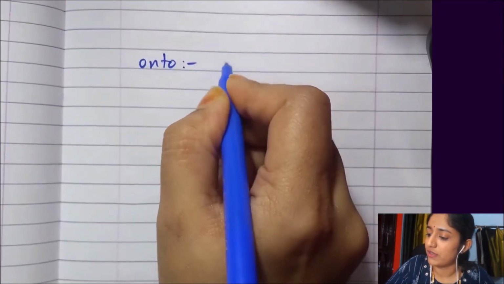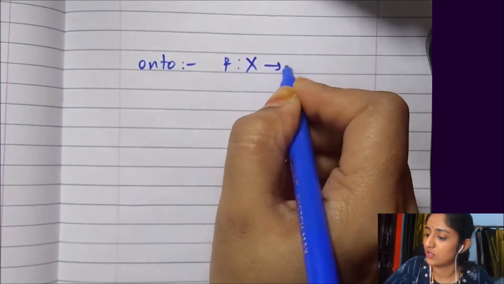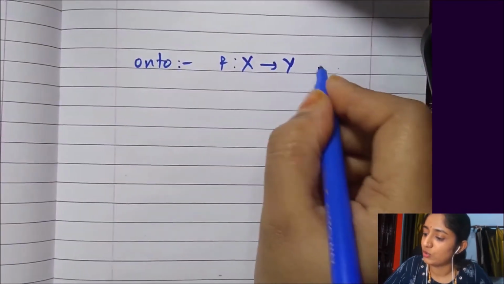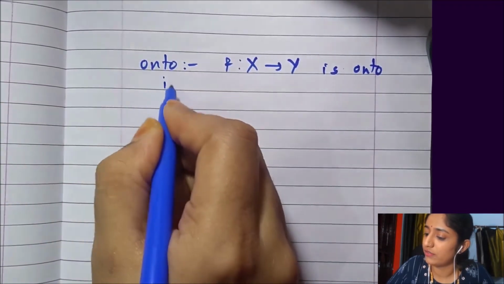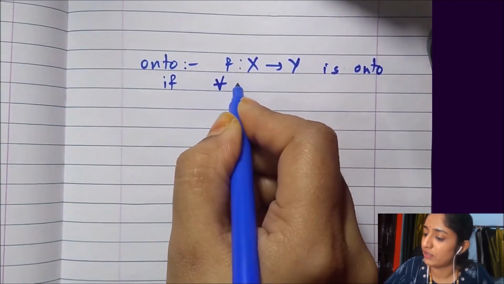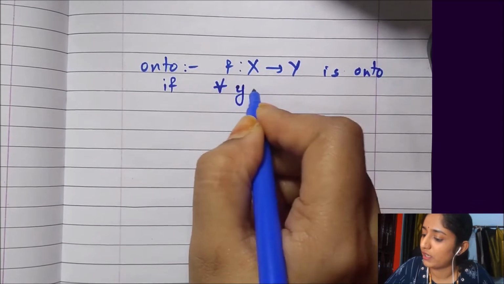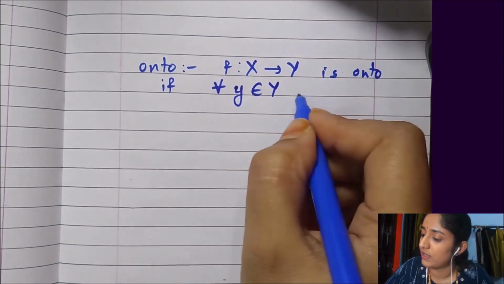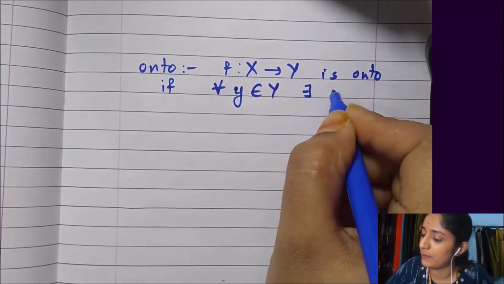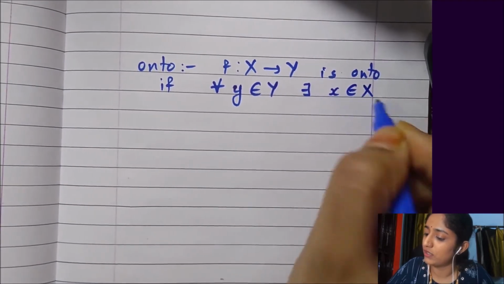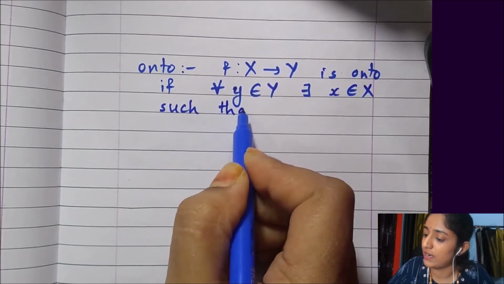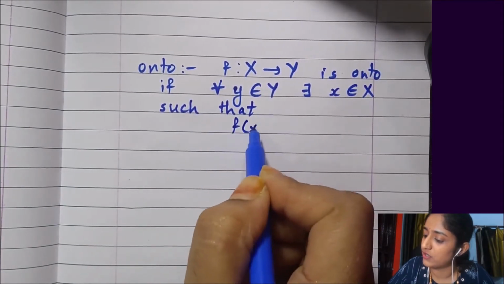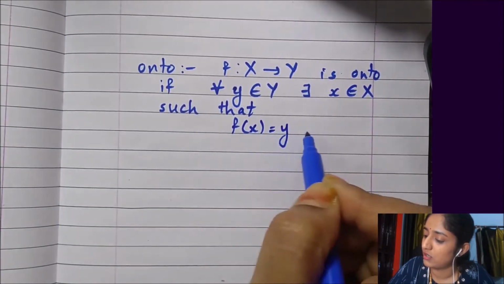a function f from sets X to Y is said to be onto if for every y in the codomain there exists an element in the domain such that this relation is applicable.